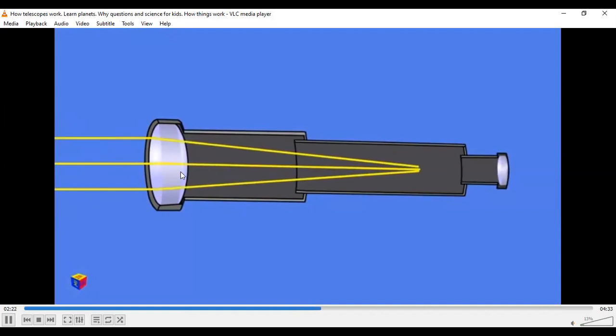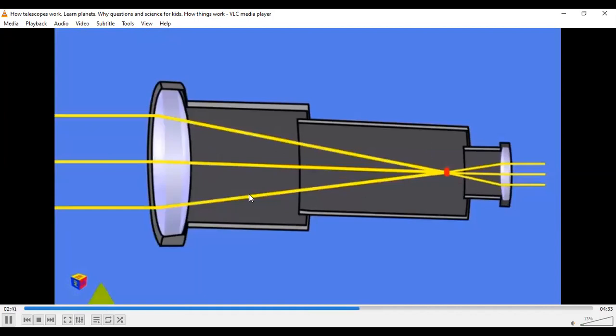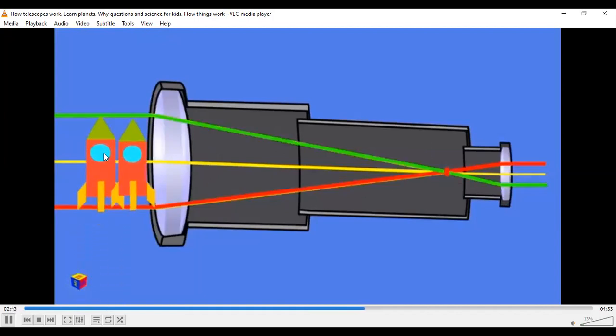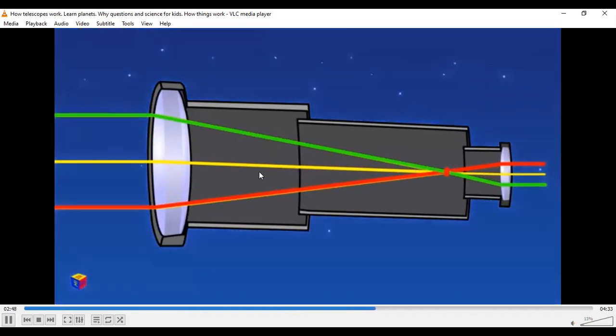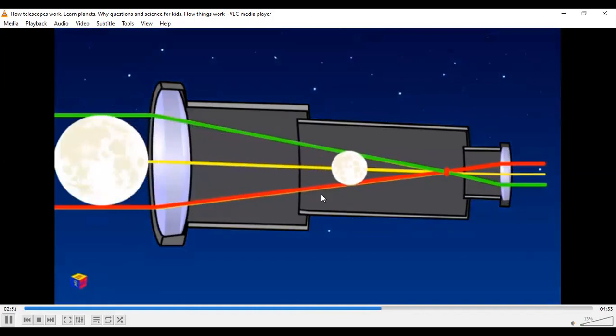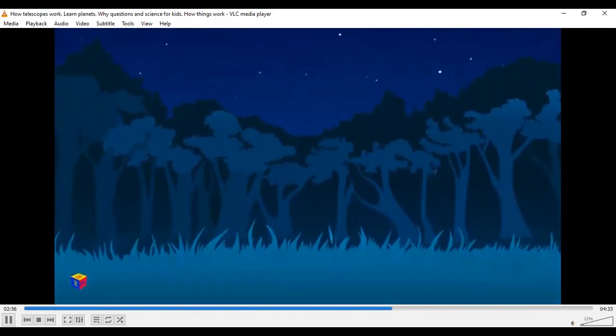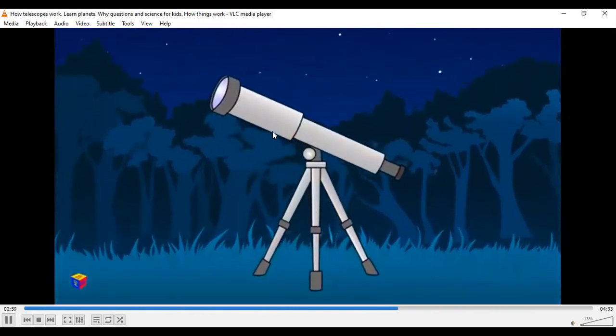They converge after passing through the lens till the focus of the eyepiece, and over here the image is formed. Then the rays continue to move and diverge, and again this beam is converted into parallel rays that enter our eye, and we are able to see the magnified image of that object. Since the objects are round in shape, whether the image is inverted or erect doesn't matter.